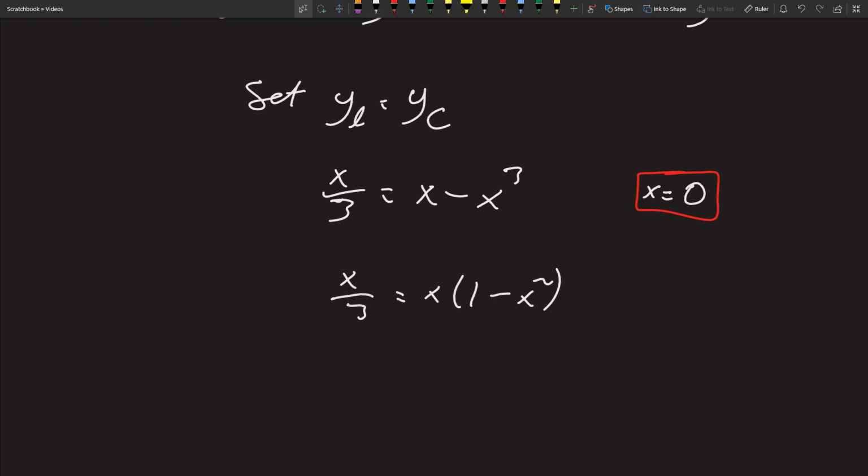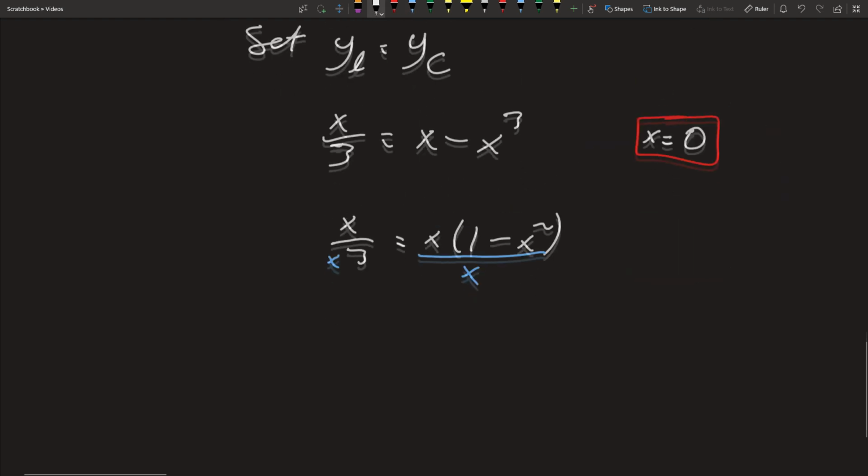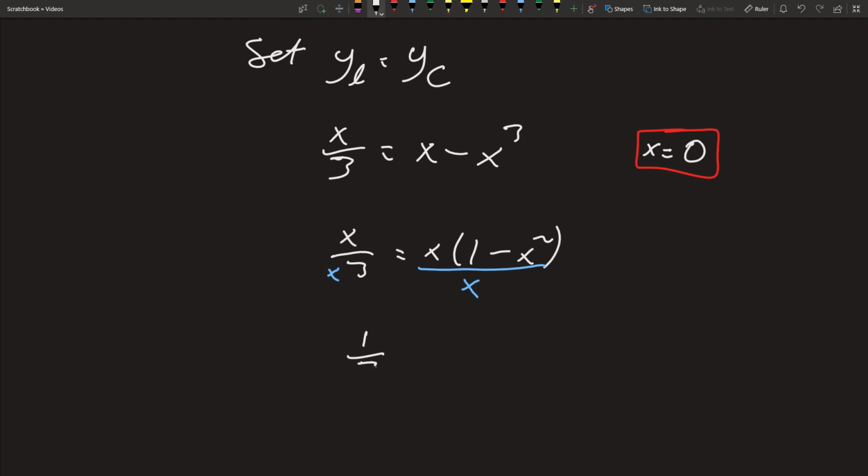However, if x is not equal to 0, we can divide by x. That's only if x is not equal to 0, because we already ruled out that case and put it on the side. Anyways, 1 over 3 is equal to 1 minus x squared.